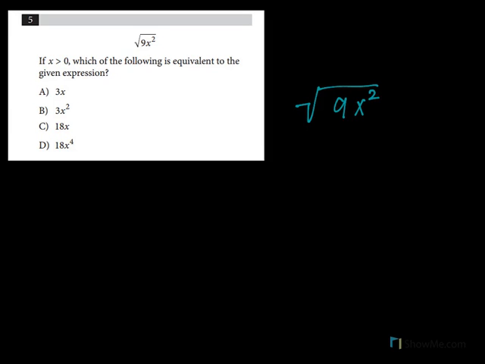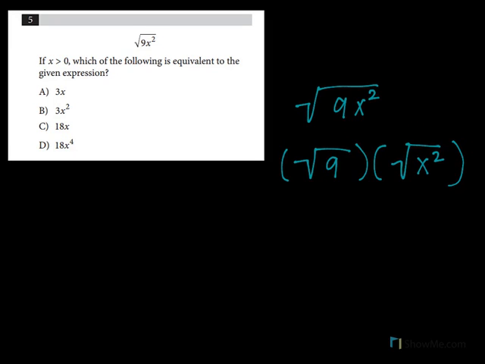So basically, we can split up the expression square root of 9x squared into just the square root of 9, and if this is hard, you could do this, or else you could straight away answer it, and just the square root of x squared.